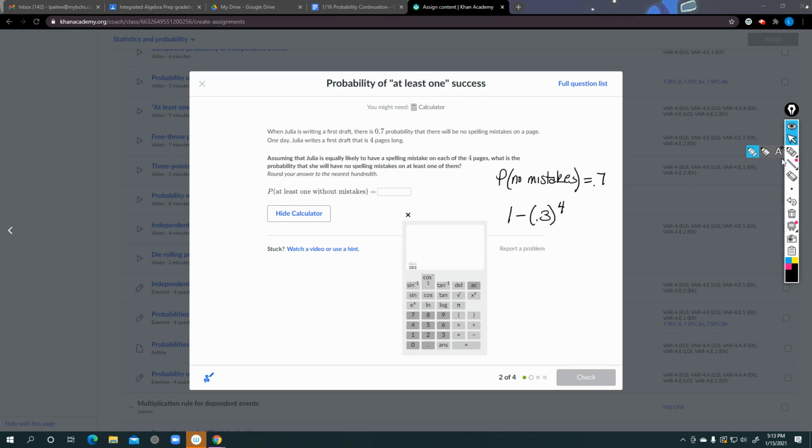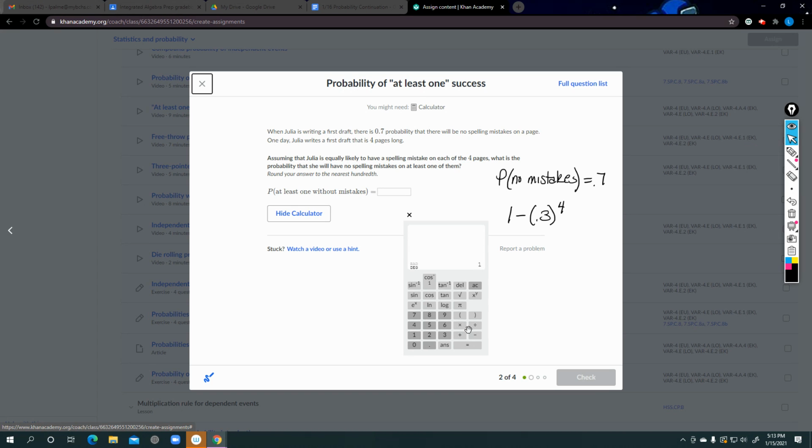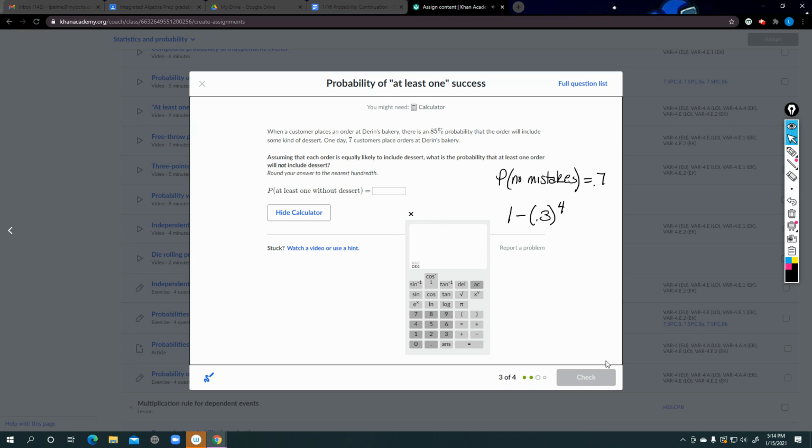So let's work on this. We have 1 minus 0.3 raised to the 4th power because there's 4 pages equals 0.99. And we check, and we get that right.